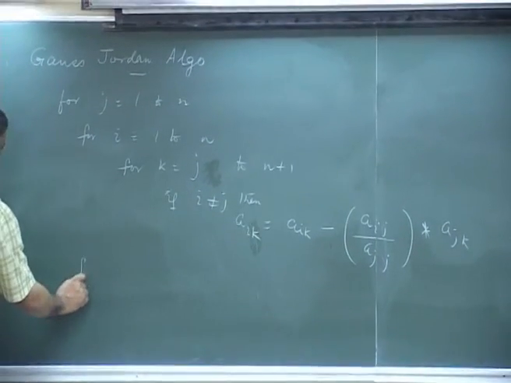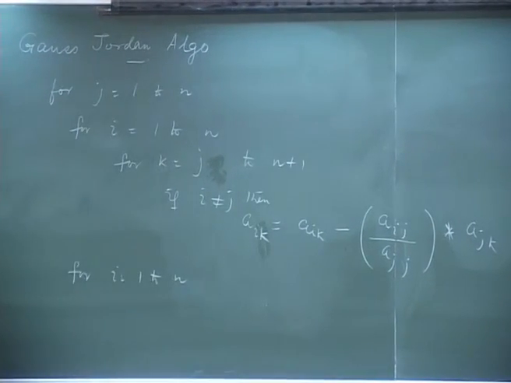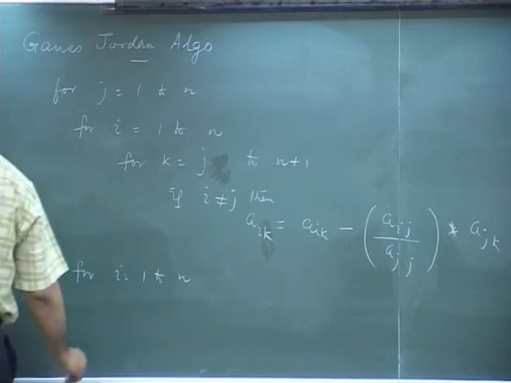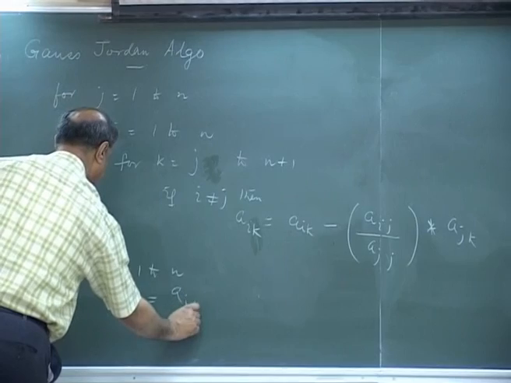Then you have for i equals 1 to n, a i n plus 1 divided by a i i.